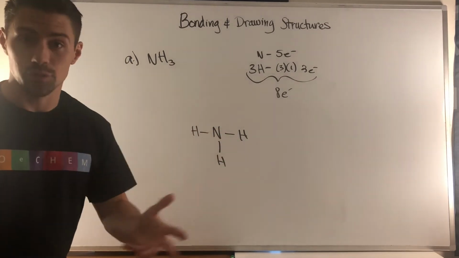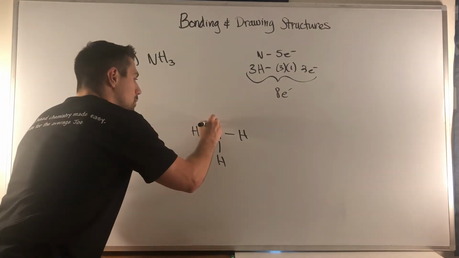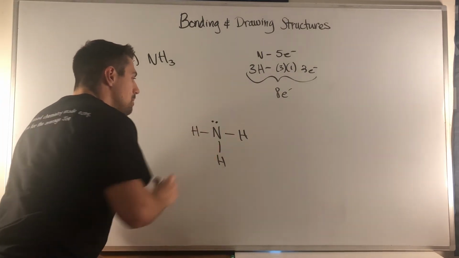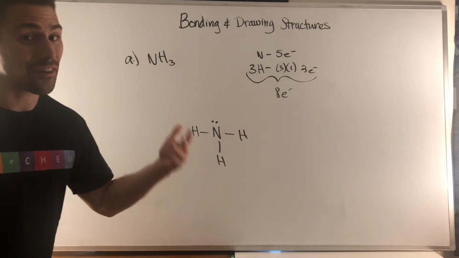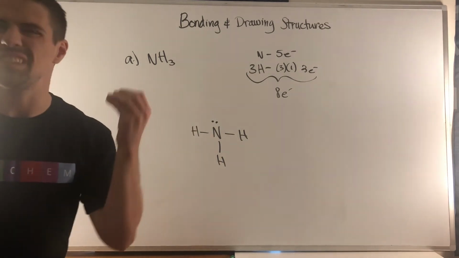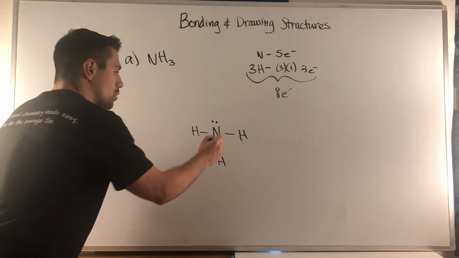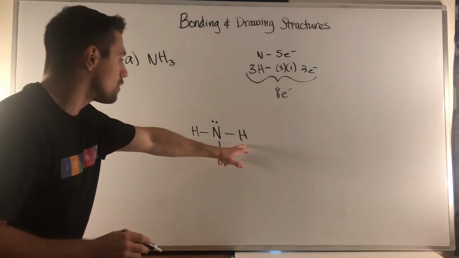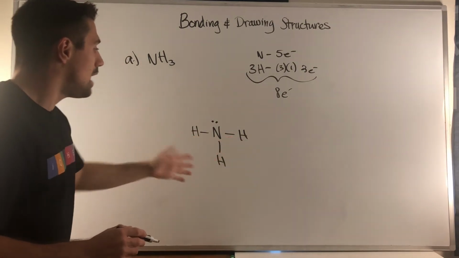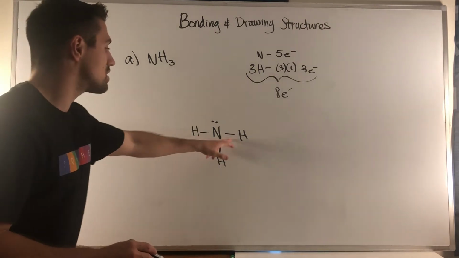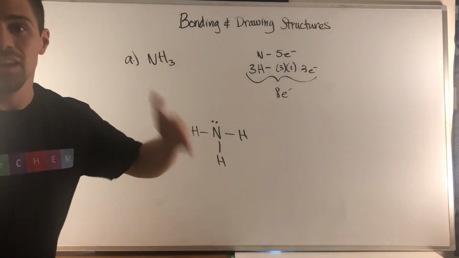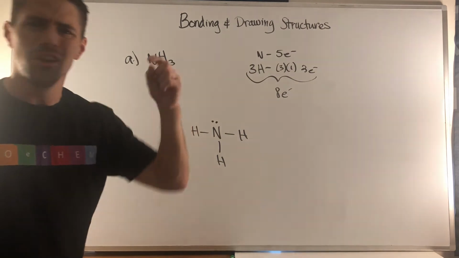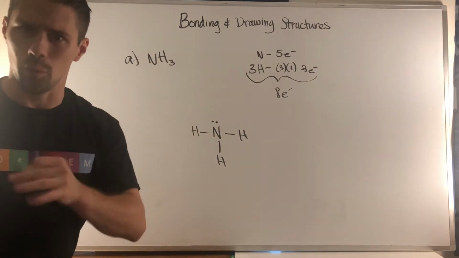So to give nitrogen a full octet, we give nitrogen a lone pair, and of course we're starting off with a W, starting off easy. You can see 2, 4, 6, 8. We have 8 electrons to work with. Full octet, full octet, full octet because of the 2, 2, 2. And then nitrogen is in control of 2, 4, 6, 8. Bang, good to go. Ammonia, we solved ya with no problem whatsoever.